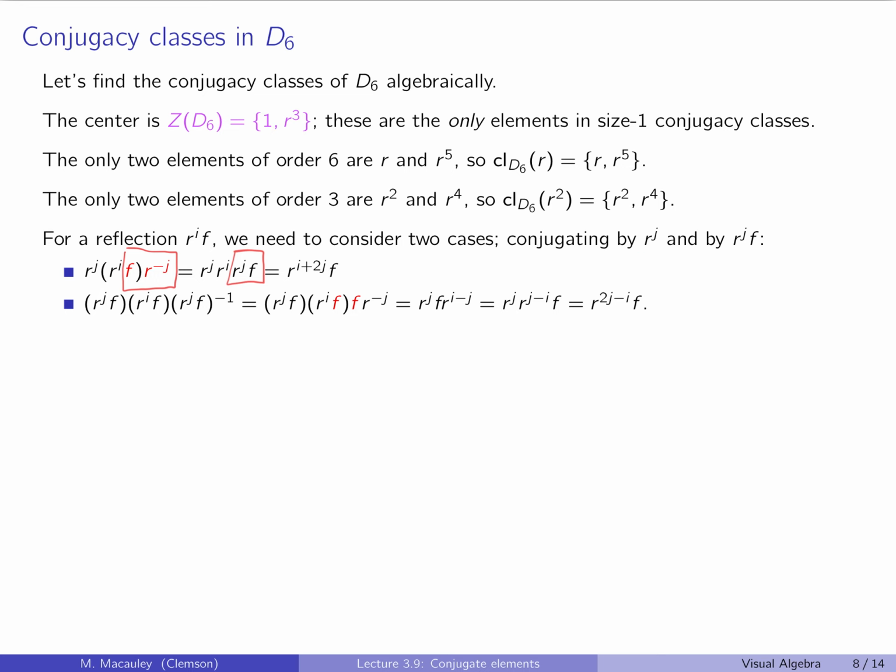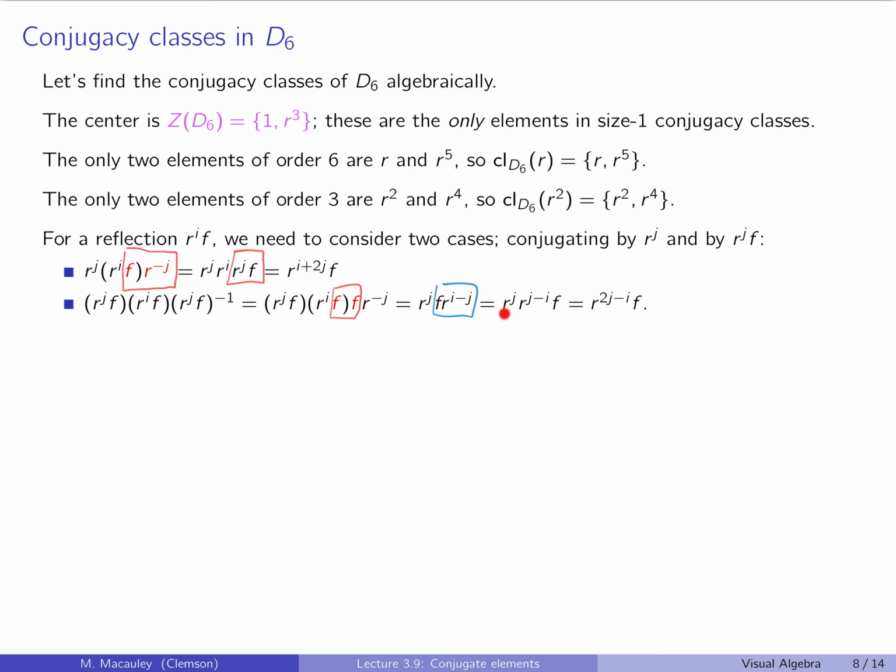And now I'll show you that we also don't change it if we conjugate by a reflection. So let's conjugate by R to the J F. So this reduces down to this right here. Notice we have an F squared. Again, the inverse of R to the J times F is F inverse, or F, times R to the minus J. So these cancel. So now we have R to the positive J times F R to the I minus J. And so now we can, once again, swap the F and the R by changing the sign of the exponent.